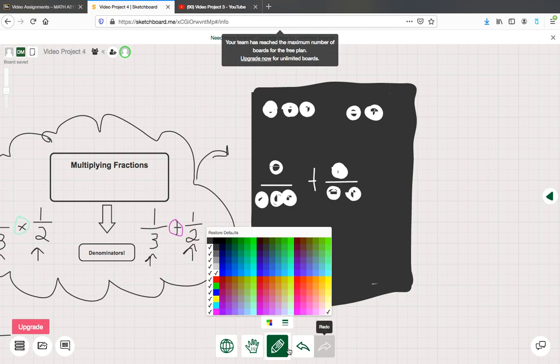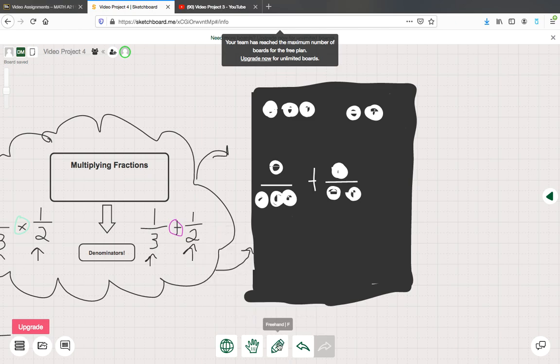Well, we are going to use our pencil and write out 1/3 and 1/2. What is the smallest or least common denominator between these two?